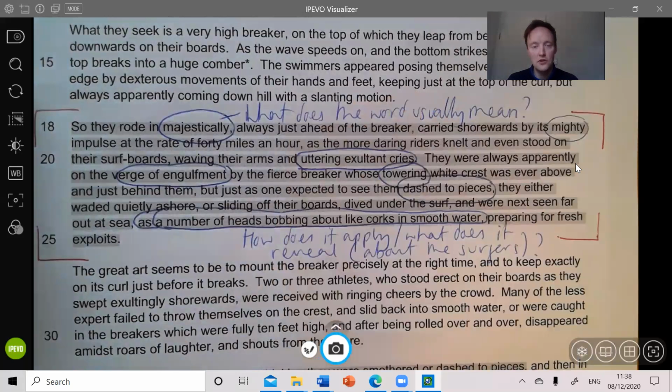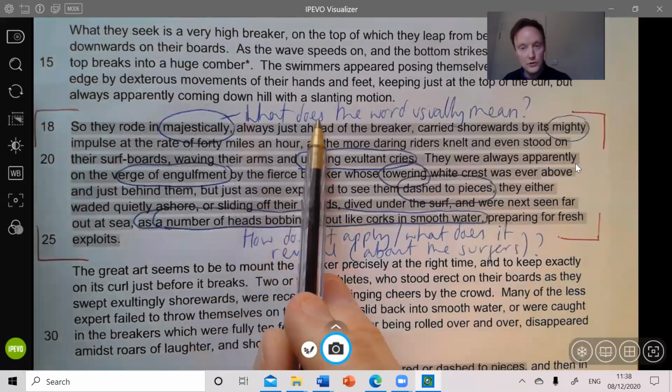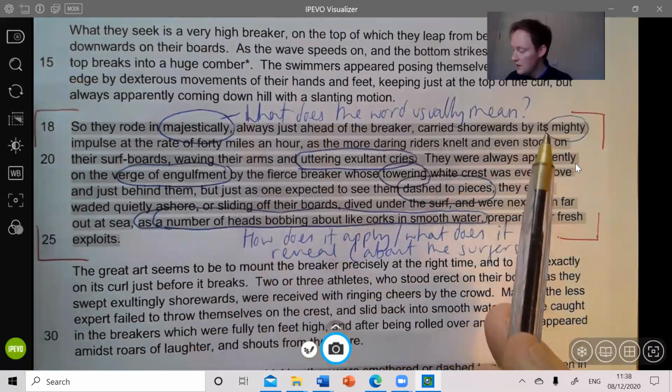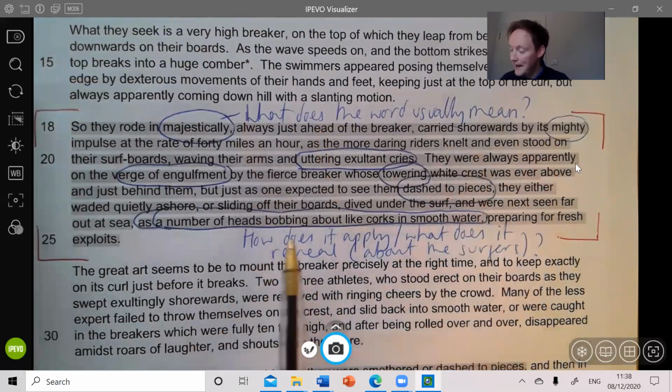So look, here are some of the words and phrases that you should be considering. When you consider them, you are looking at what does the word usually mean. So what does towering usually mean? Straightforward enough, one thinks, I hope. How does that word towering apply?